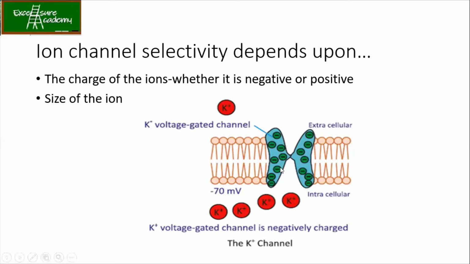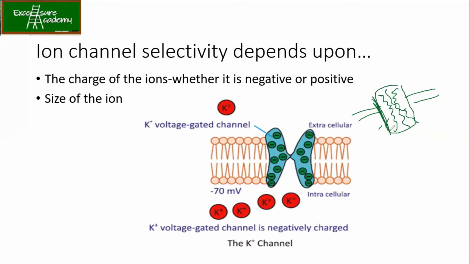Don't go directly to the figure of the potassium channel actually. It is not like that. In reality, this is just for the explanation. In reality, in your potassium channel, the helices which form the selectivity filter have negatively charged amino acids.